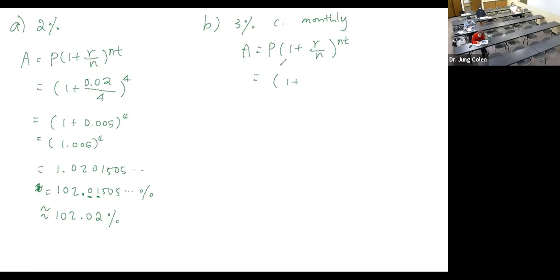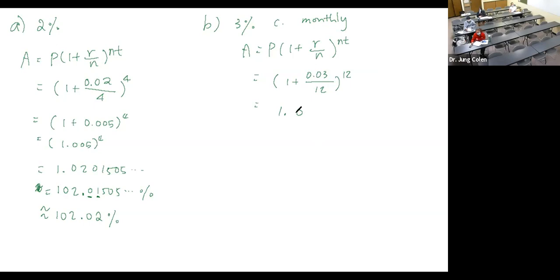Okay, so help me out. So principal is 1 plus R. R is 3%, 0.03. How many times? 12. So 12 times 1 is 12. And what did you get here? 1.0025.